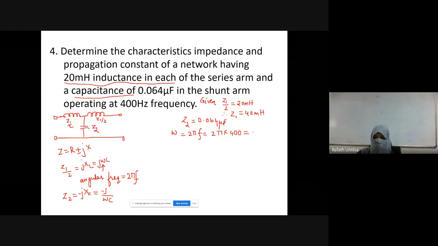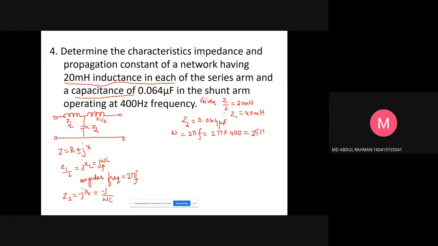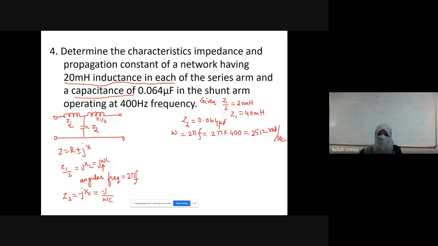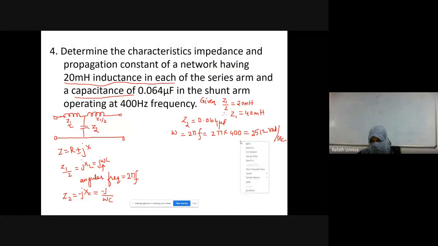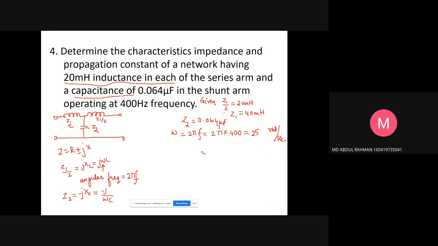No fractional part is there. Okay, 2512, the units are going to be radians per second. Yes, it is 2513.274. That's what I'm telling. Others also please check. We are getting a different answer.